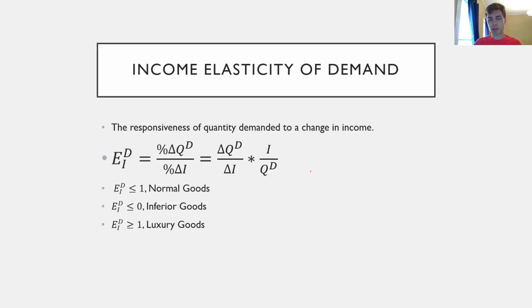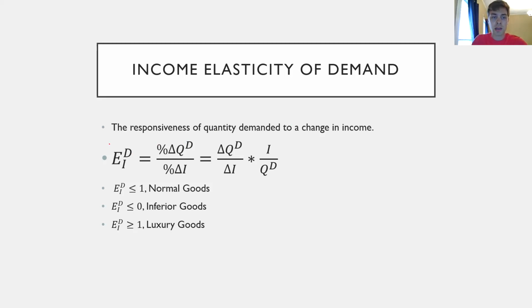Okay, so we can also talk about other types of elasticities. One of those types is income elasticity. Basically, this is just the responsiveness of quantity demanded to a change in income. Right. So we might think, if people's income rises, what happens to the demand for certain goods?